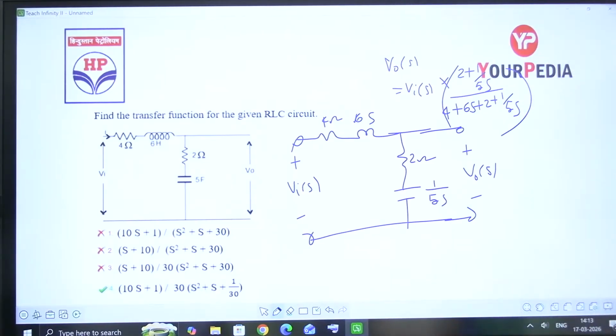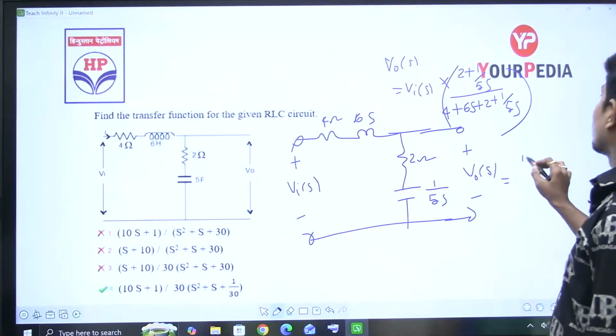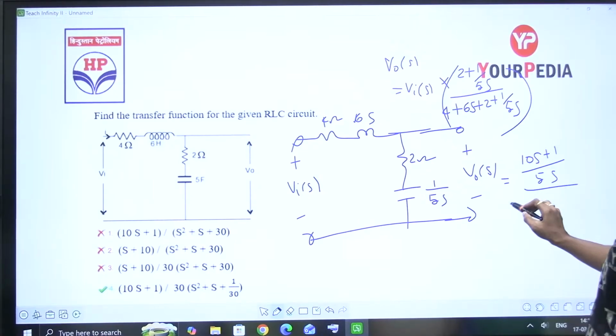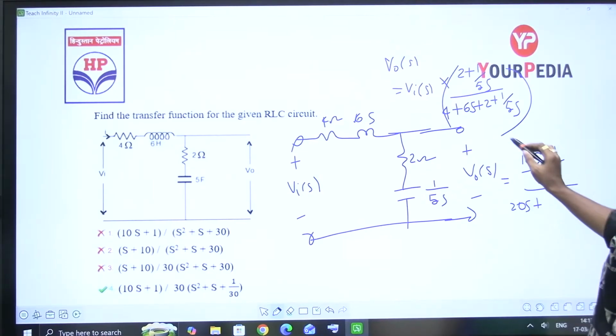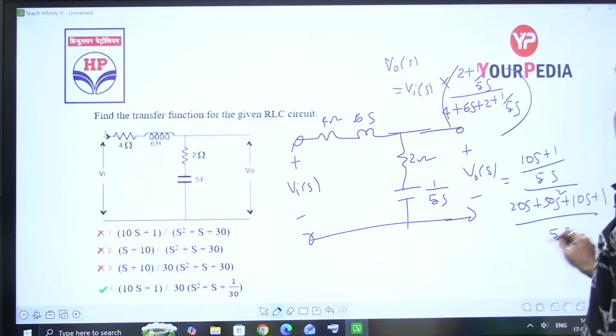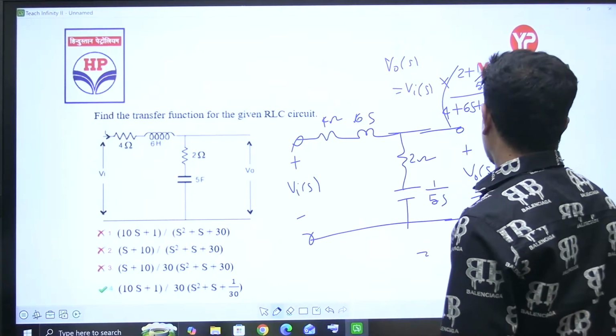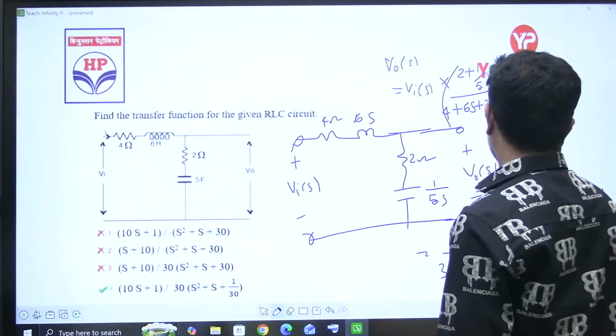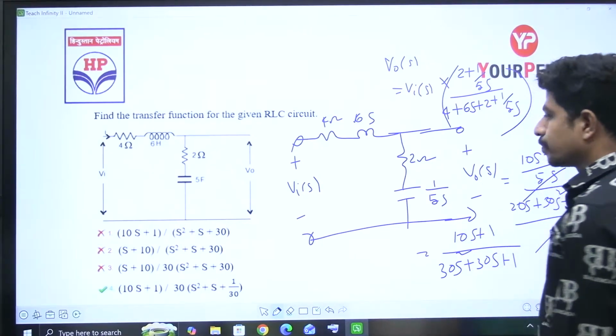What is the numerator? 10S plus 1 by 5S, by 20S plus 30S square plus 10S plus 1 by 5S. 5S gone. So 10S plus 1 by 30S square plus 30S plus 1.